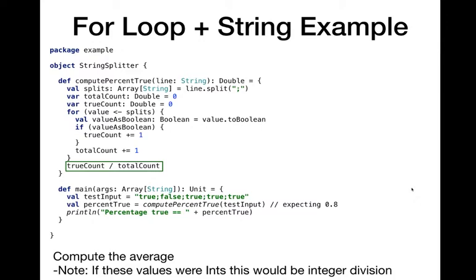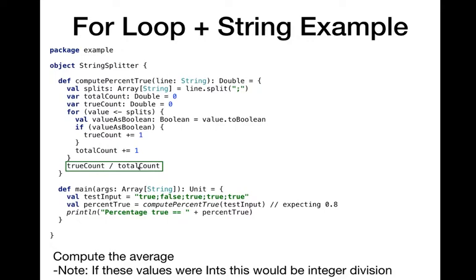That means it's going to compute the division and then truncate the decimal, which is either going to return 1 if all of the values are true and I have 1 divided by 1, or 0 otherwise. Everything else is going to be 0 because it's going to compute some fraction, 0.8 in this case. It's going to convert it to an int and just drop the 0.8.